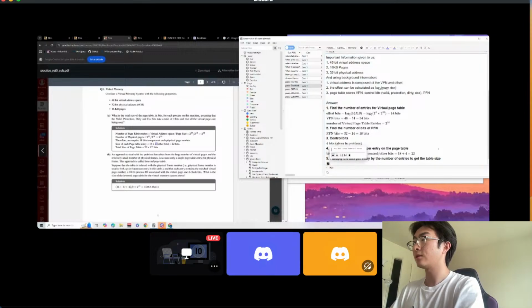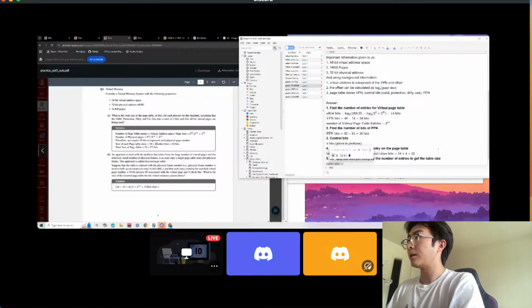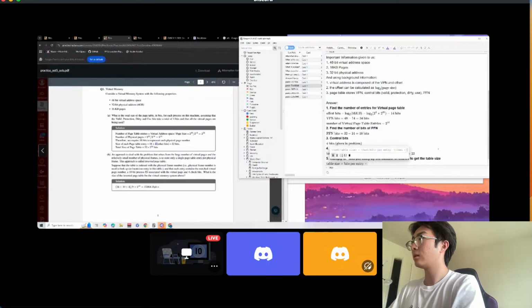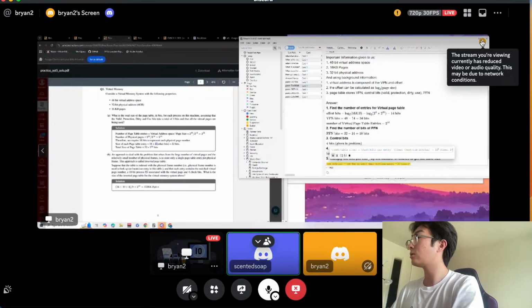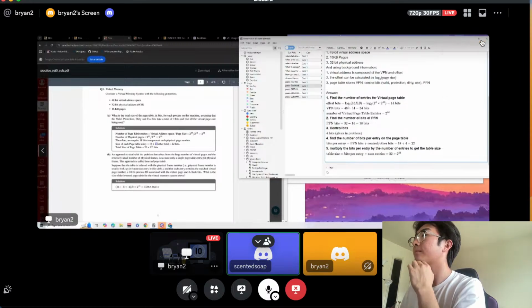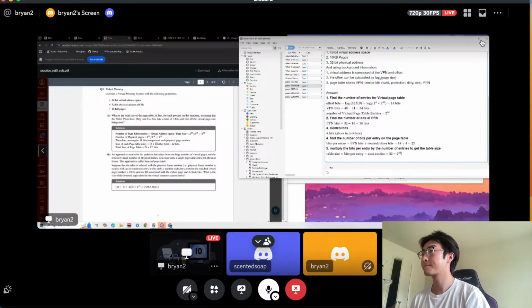So table size is equal to bits per entry times num entries, which is equal to 32. Oh no, it'd be 22. And then we multiply this by 2 raised to the 34, right? Which is right here. Okay.